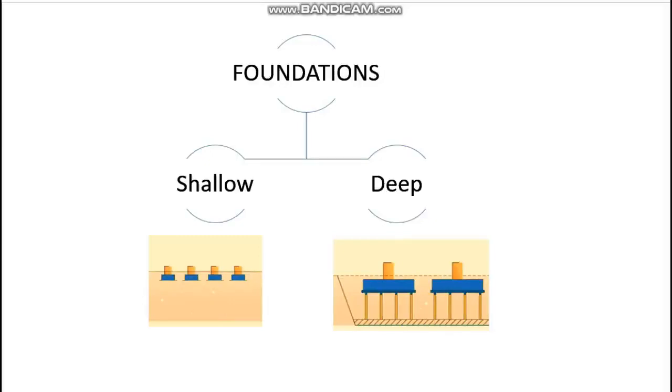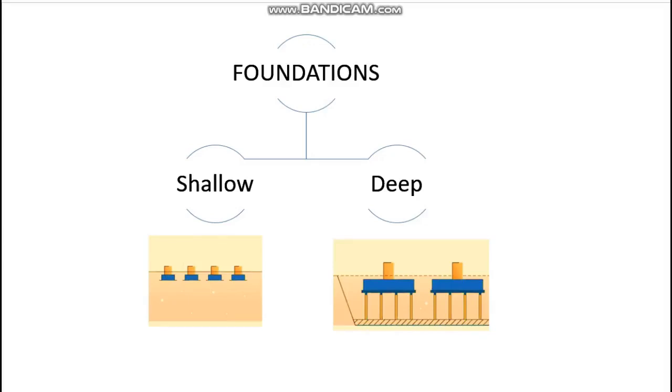Let me first share with you all the images, which will help us understand this better. Today we are majorly focusing on deep foundations, the pile foundations and their types. Foundations are majorly classified into two types, shallow foundations and deep foundations. We have studied shallow foundations before.